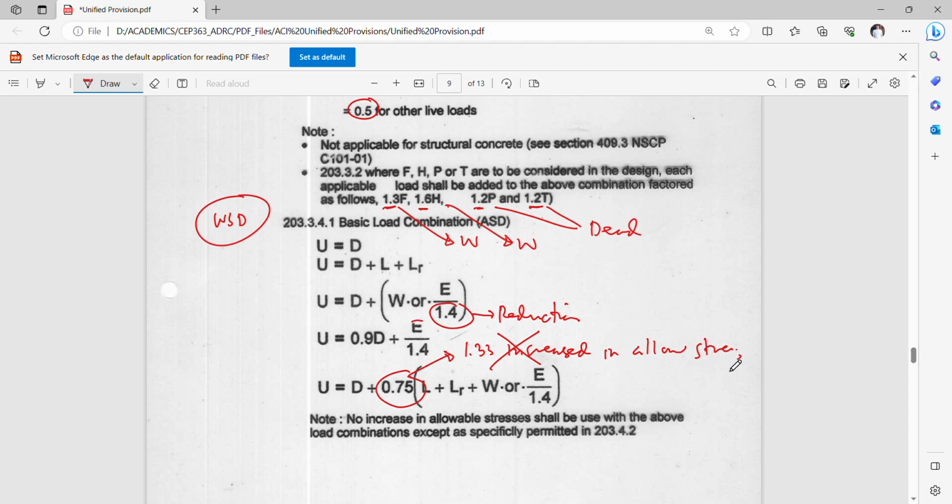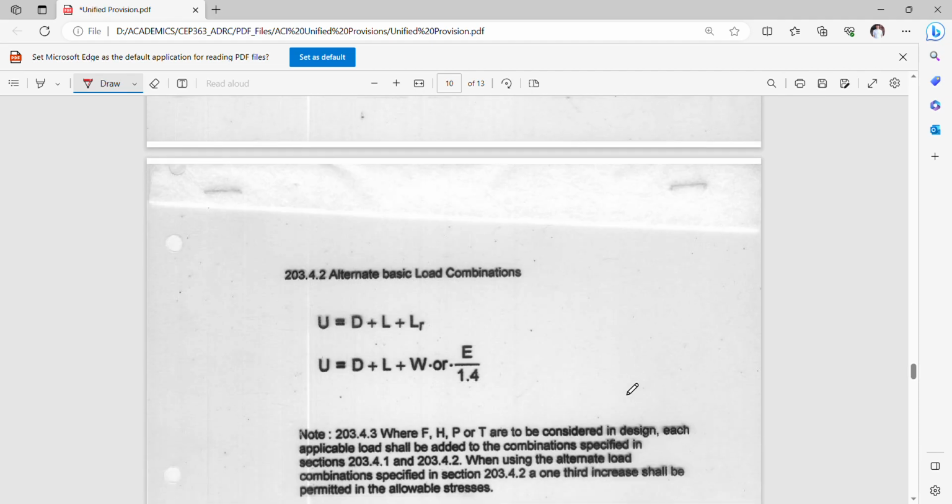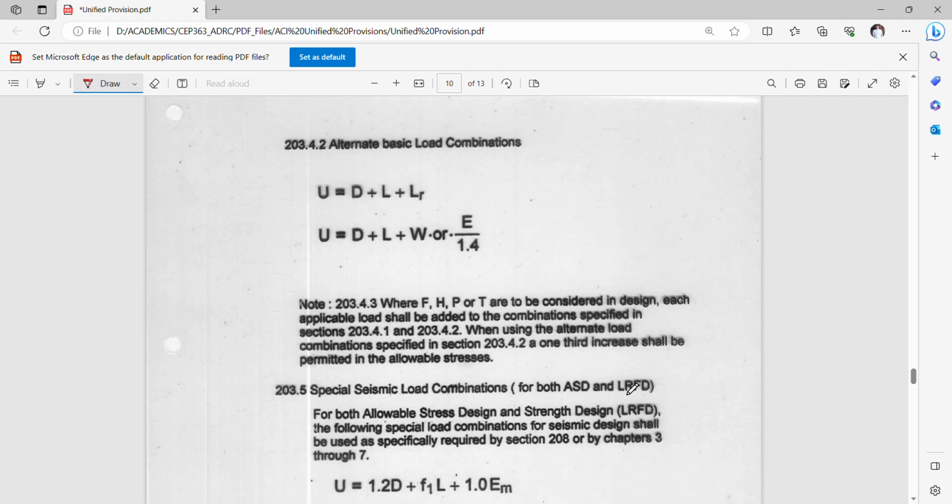And no increase in the allowable stress shall be used with the above load combination except as specified and prohibited in 203.4.2. So for the alternate basic load combinations, a one-third increase may now be used.